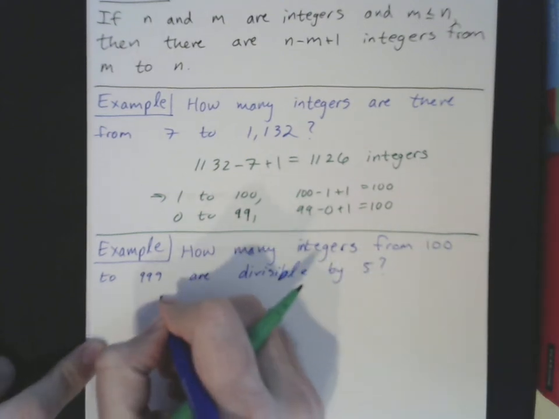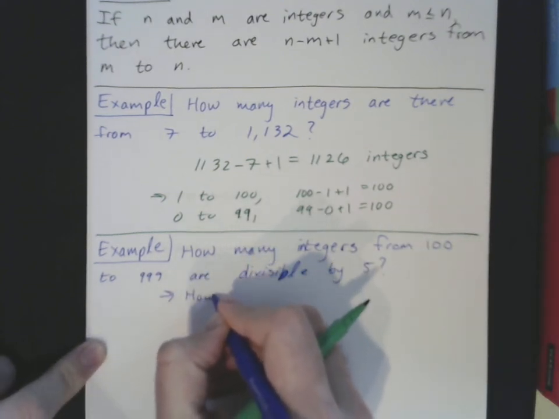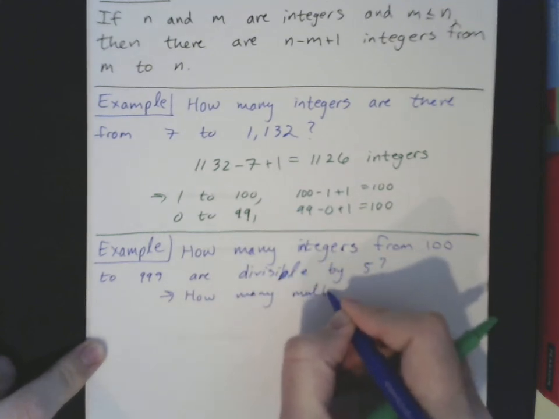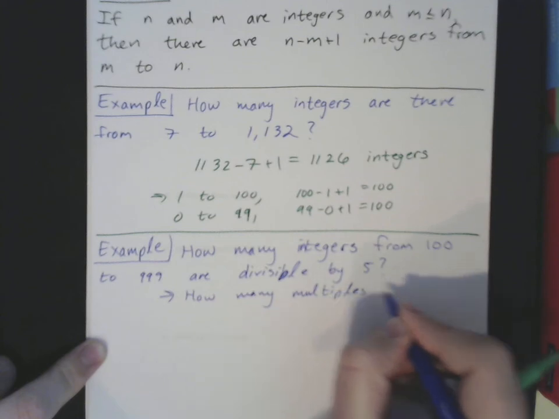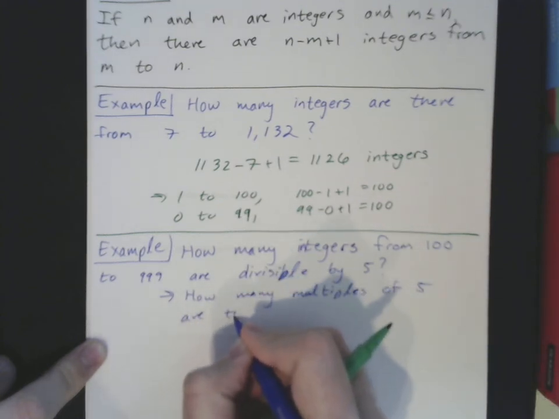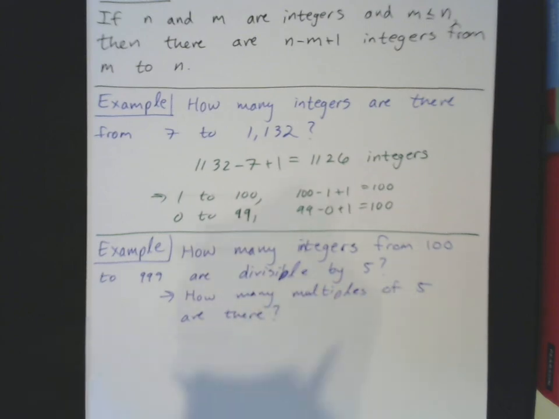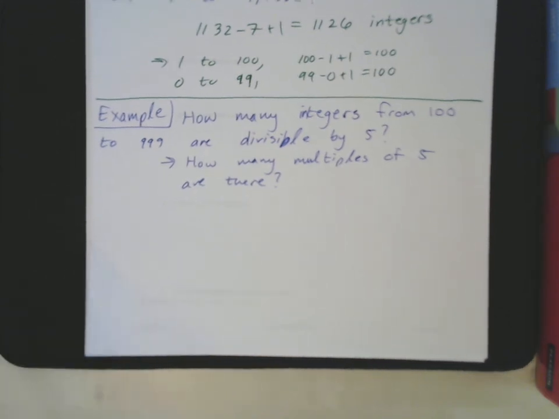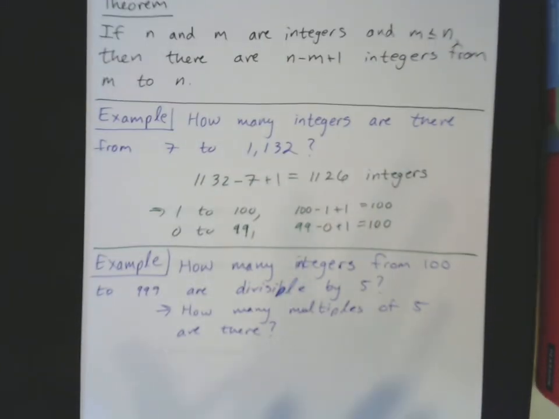Now I'll give you a little hint. You want to be thinking about how many multiples of 5 there are. So you should pause the video here and try and work this out. It's a fun little problem to think about. It's not super difficult, but it does require you to use this theorem and then stretch it a little bit.